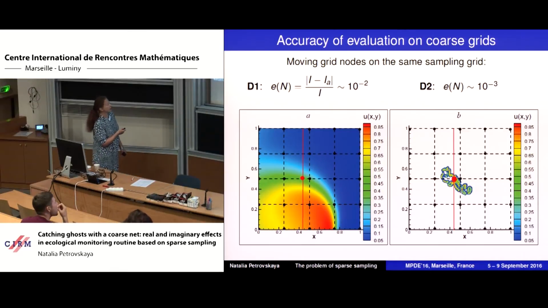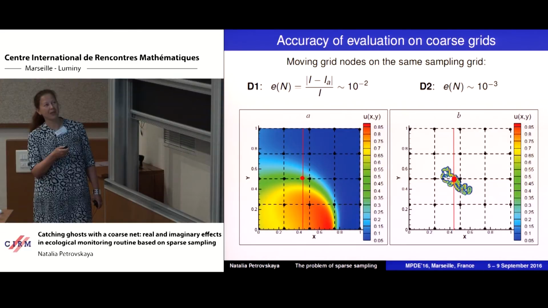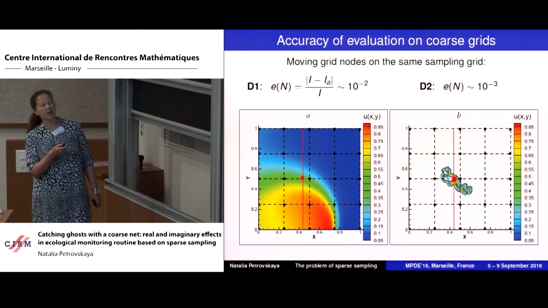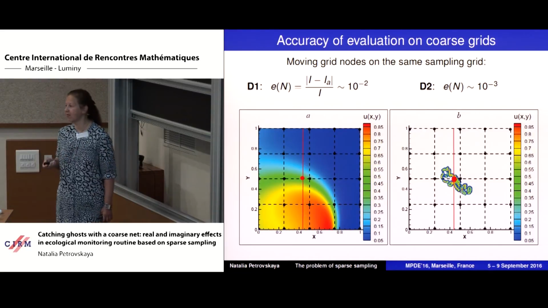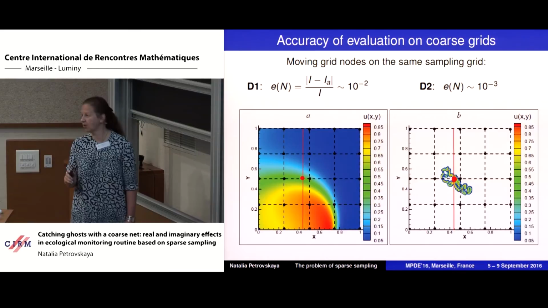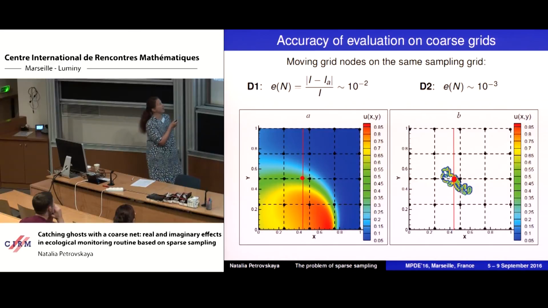So in this case, I just demonstrate one grid line and one grid point, okay, but if we make this experiment, then we realize, okay, so we move this node, this node, this node, all of them to the left, the values we will have, they will be just slightly different, okay? Therefore, the error I can expect here is of the same order, okay? So still I have very good evaluation, very accurate evaluation.